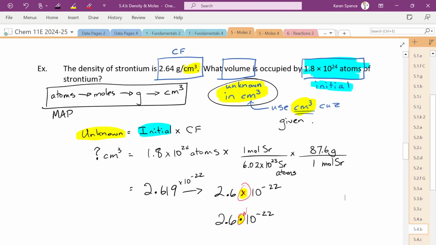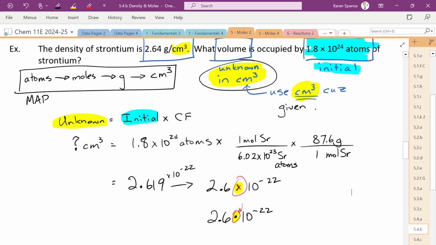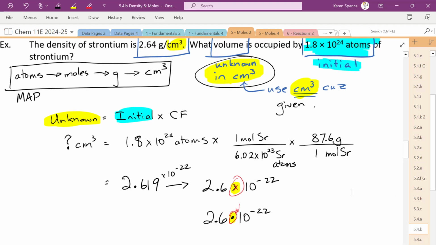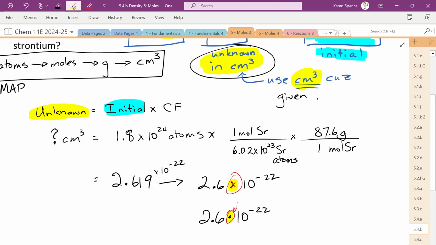So if you were doing this example, it is worked up here now. I think it's 6.2.